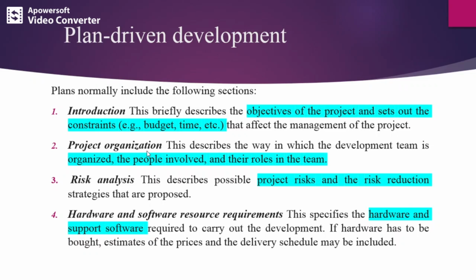Second one is project organization. This describes the way in which the development team is organized. You know that you are breaking the entire project into different tasks. So project organization means the main thing is looking at the tasks. Now you have to organize a development team. That is very, very important.